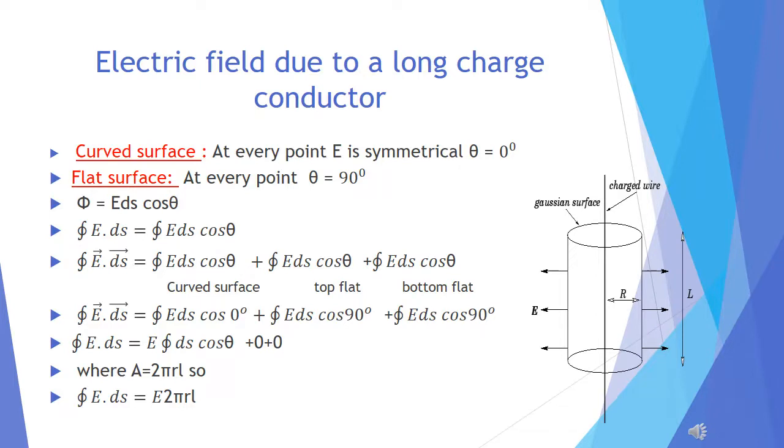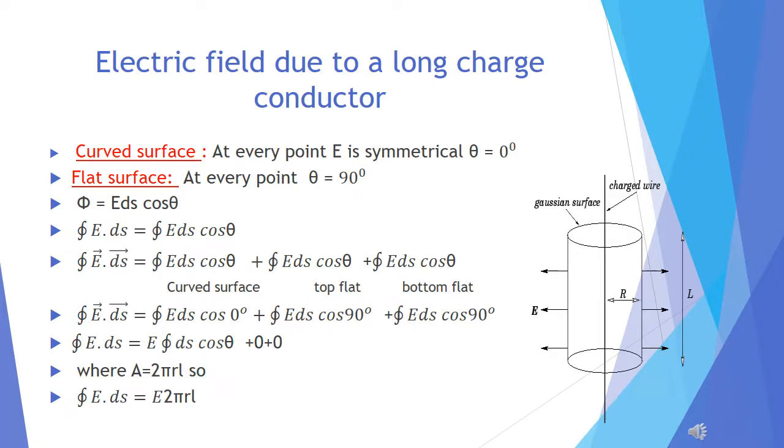So now we consider the curved surface. It does have symmetry. On the curved surface, at every point the electric intensity is symmetrical, r is the same, and theta is 0 degrees.